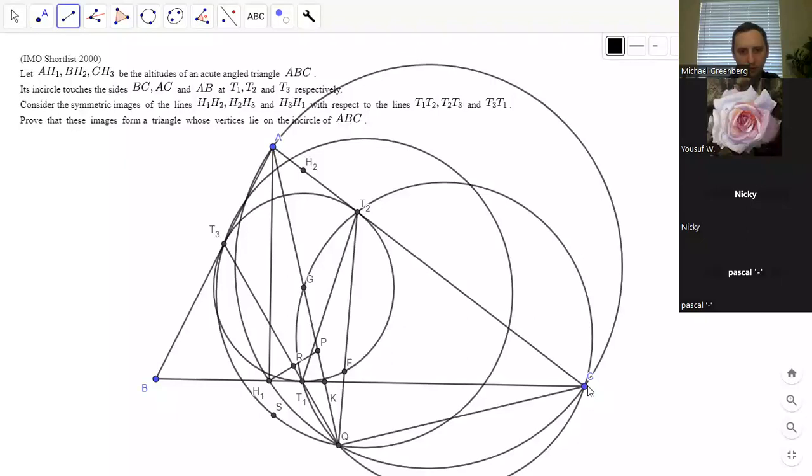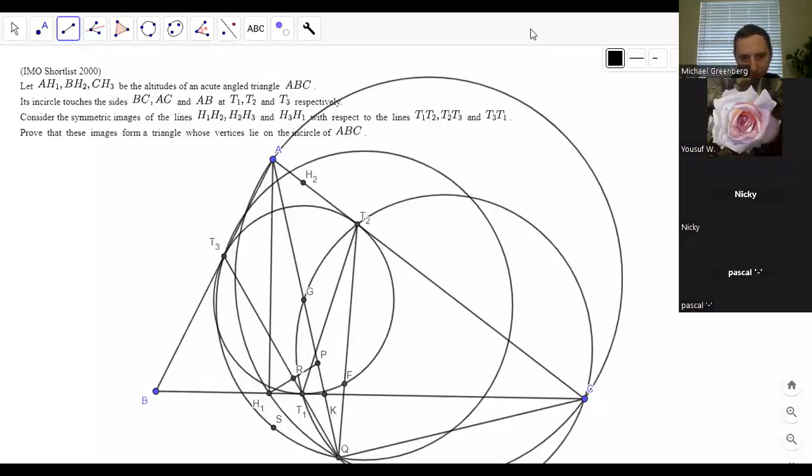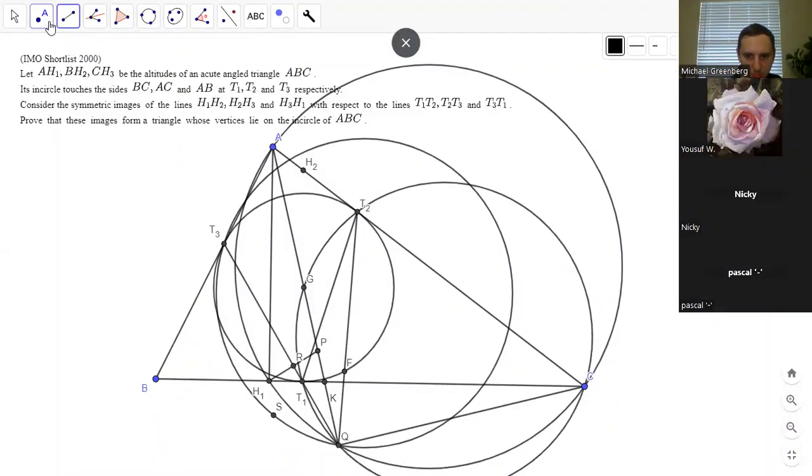So we have a cyclic quadrilateral A, H1, Q, and C. And also we have H1QG equal to angle C.